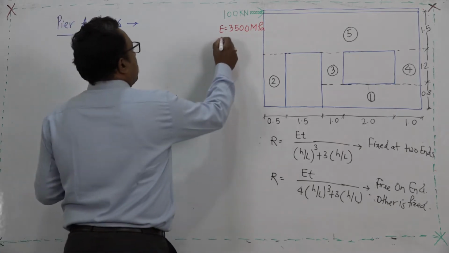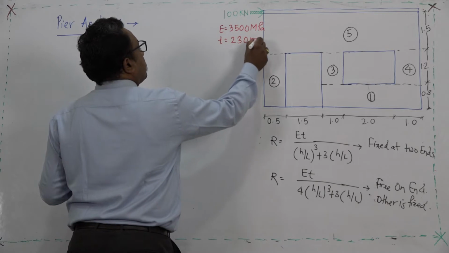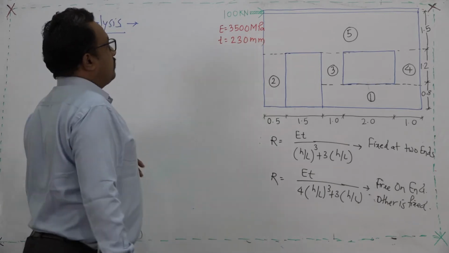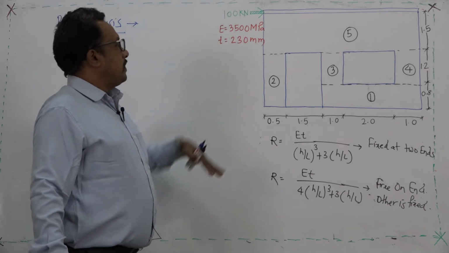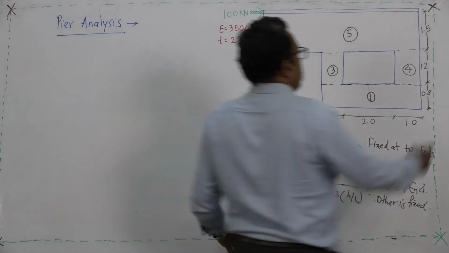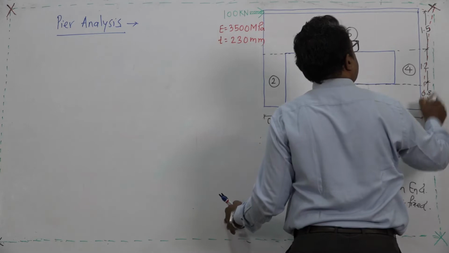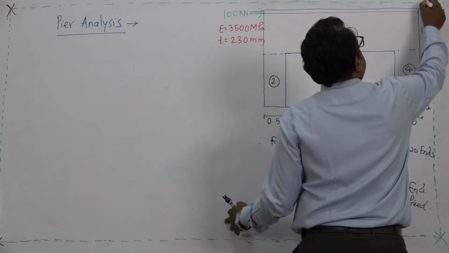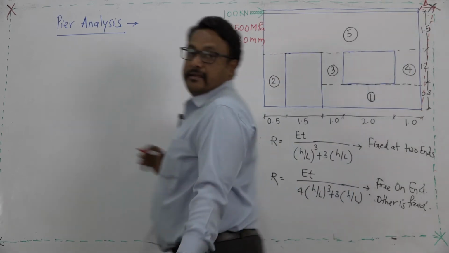At the same time, I will consider the thickness of the wall as 230 millimeter. One more task we will induce in the problem: we will find out the deflection at the top. This delta we will try to identify.